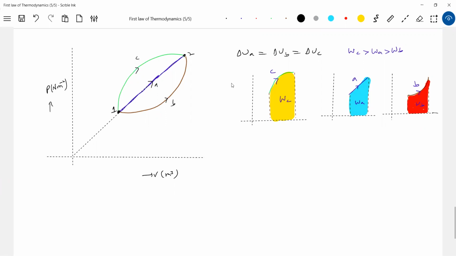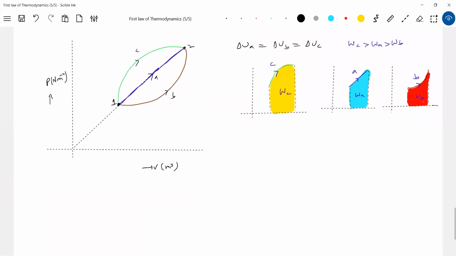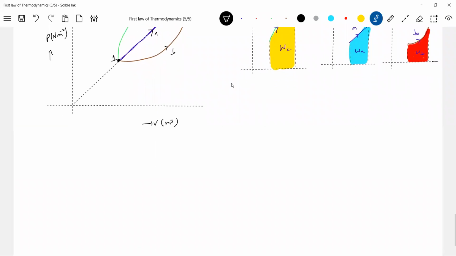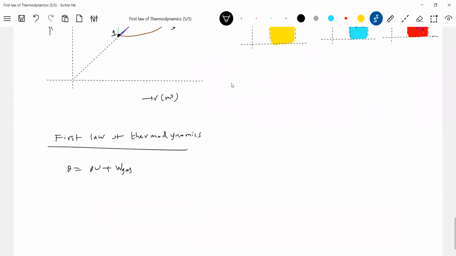Okay, now let me relate the first law of thermodynamics. It relates the heat with the change in internal energy, then the work done by the gas, or in the differential form, you can write it. I'm writing "gas" very specifically, though it is understood that work done means work done by gas only.